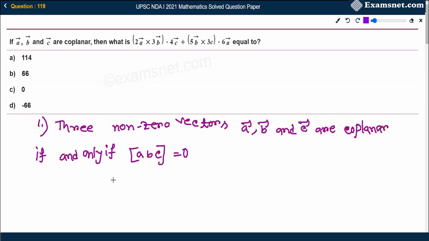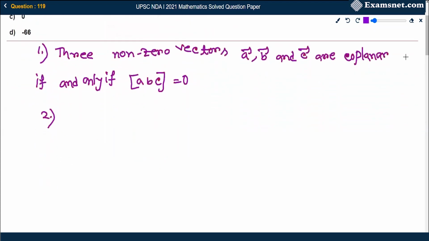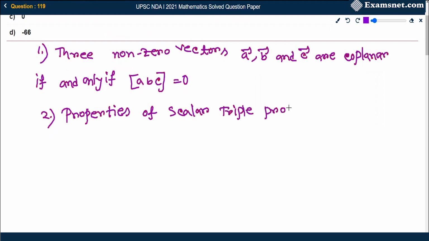Okay. Also, I will introduce to you some properties of the scalar triple product.